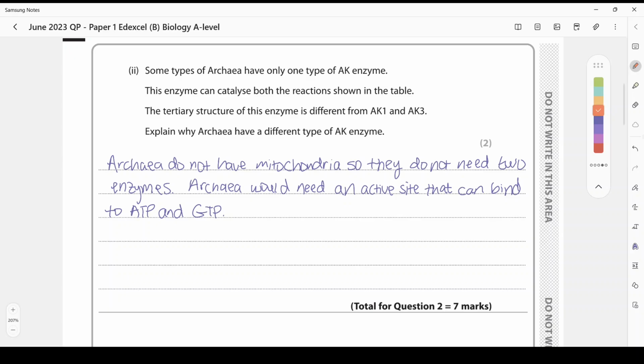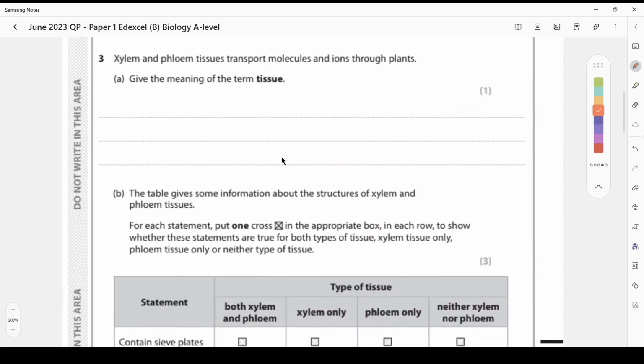And because you have a different DNA sequence, then that means that your amino acid sequence would be different as well. All right, so let's just mark these 2 points here. So Archaea do not have a mitochondria, so there's no need for two enzymes. That's one mark. And another mark is that the active site needs to be able to bind to both ATP and GTP. All right, let's move on to question 3.